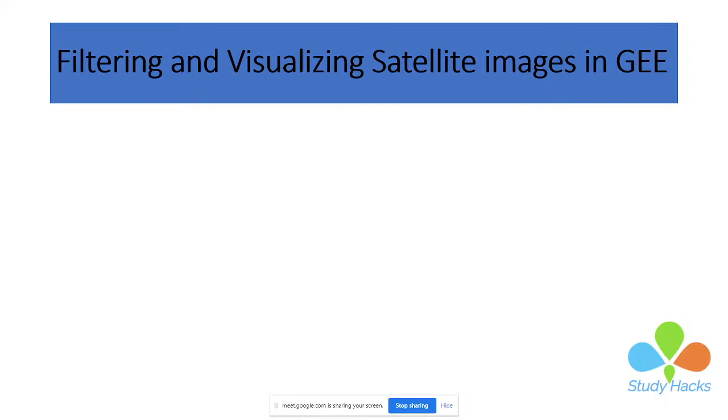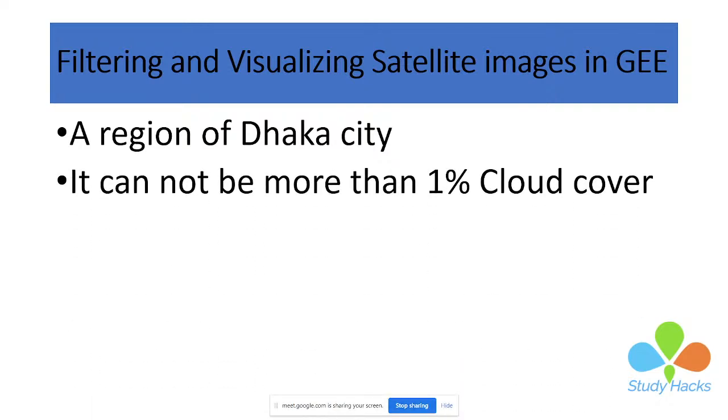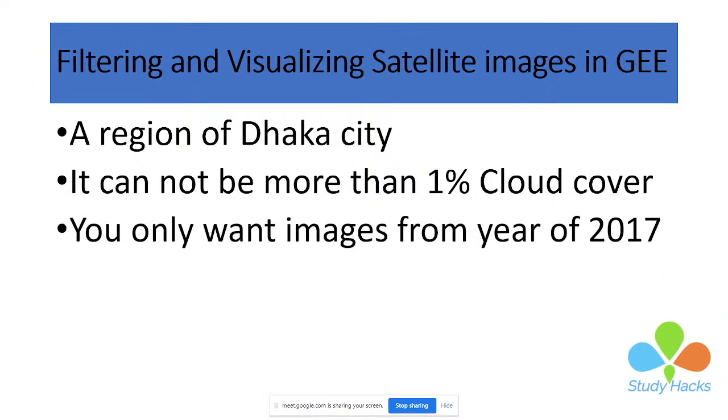First factor is the region of interest. Suppose I need any Landsat or Sentinel image. When you want to filter, first factor is the region. Then the second factor is image properties or image metadata. And the third factor is the image specific time period.